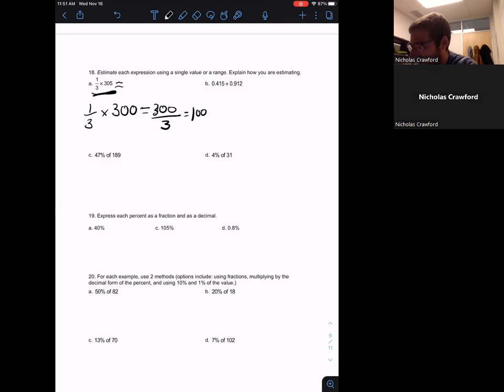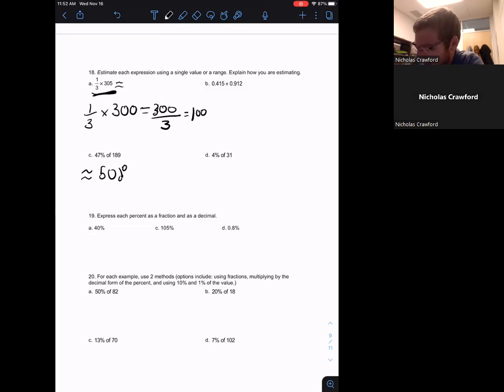So let's try C, for example. 47% of 89. I don't like doing 47%. I kind of like doing 50%. And let's not do 189 because it's easier to take half of an even number, which is what 50% is.